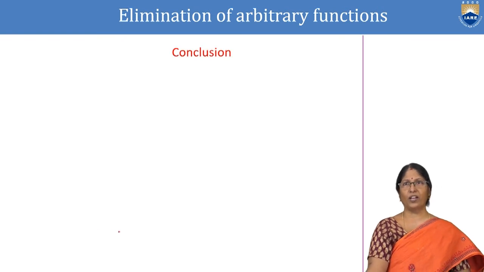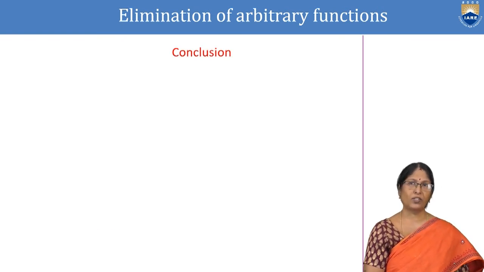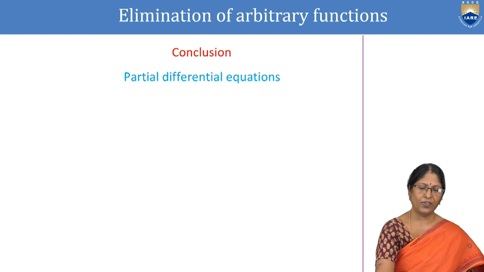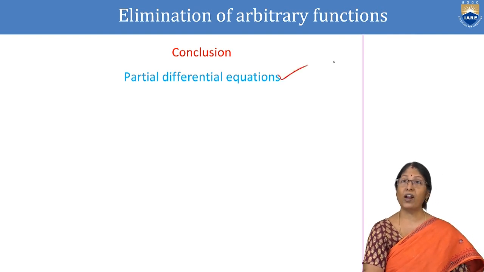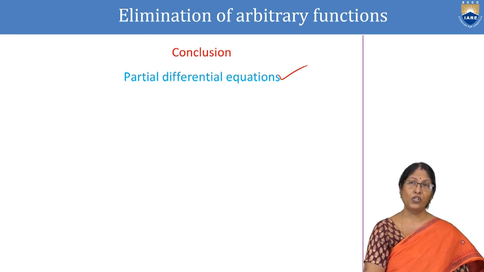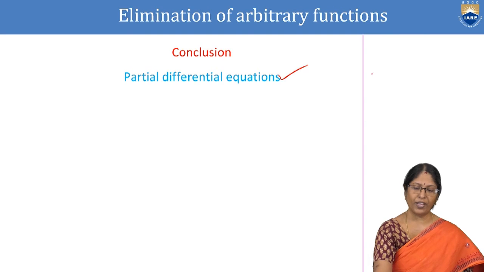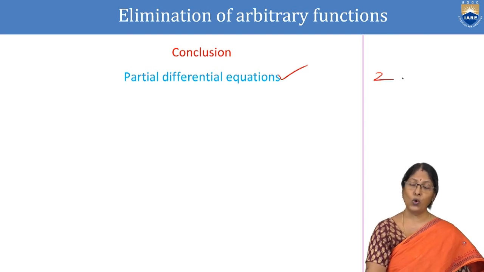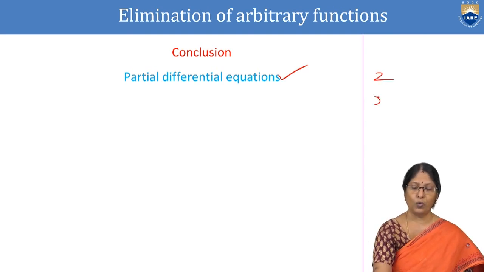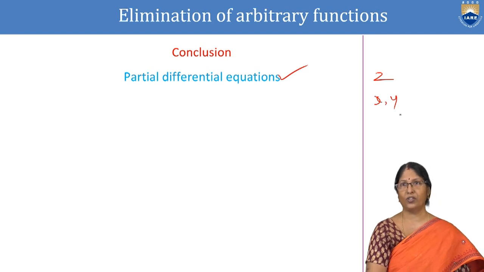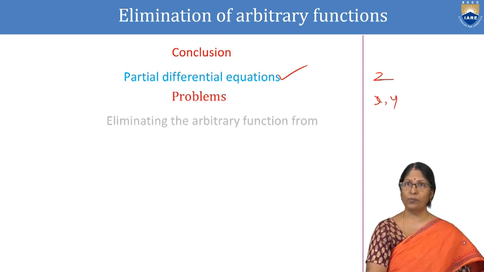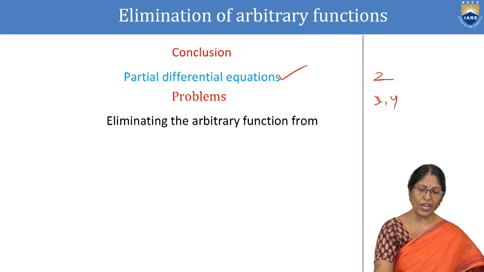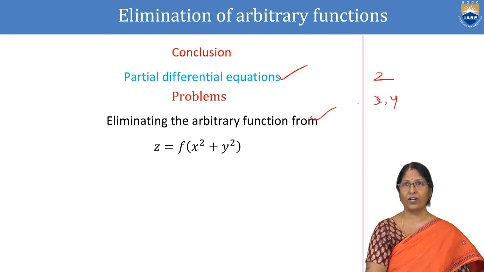We will come to a conclusion about this topic. First we discussed what is a partial differential equation. That is, it should have at least one dependent variable z, and at least two independent variables. Then problems we concentrated on, how to eliminate an arbitrary function.